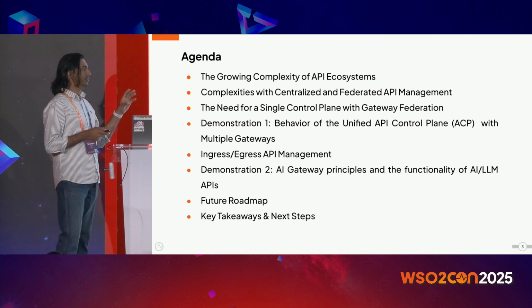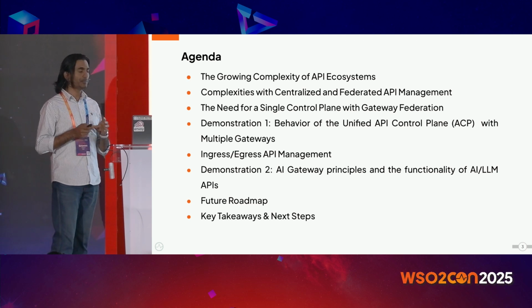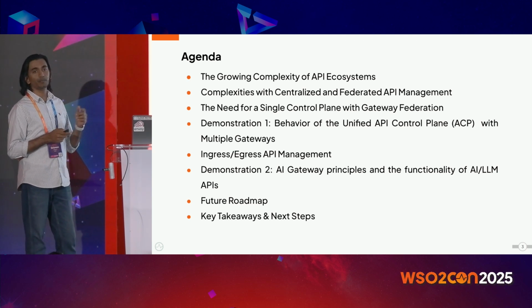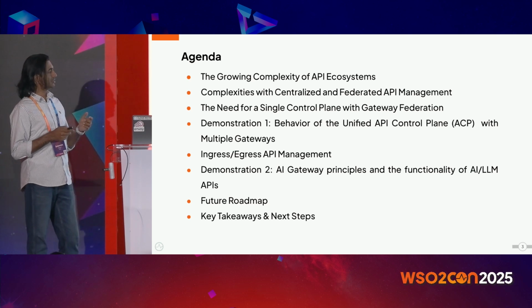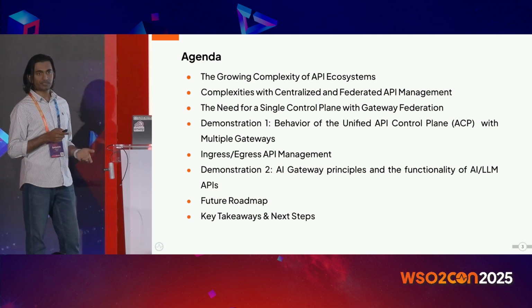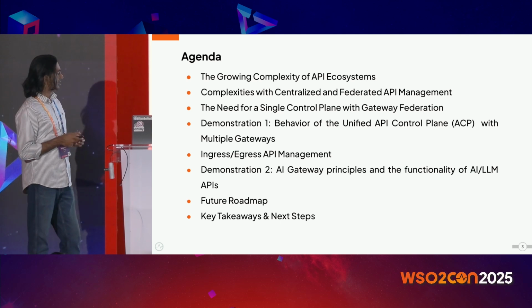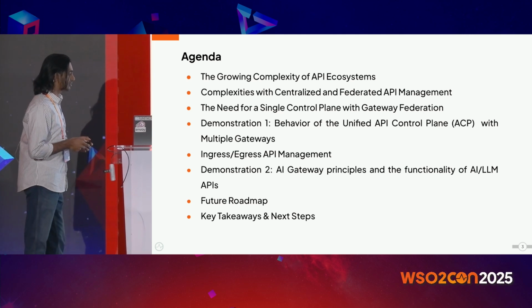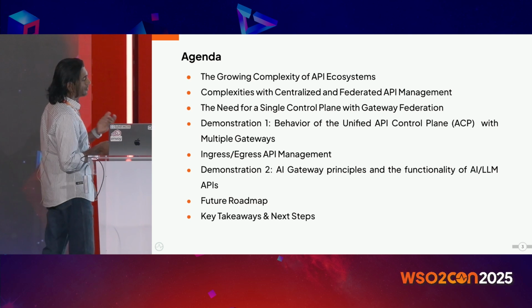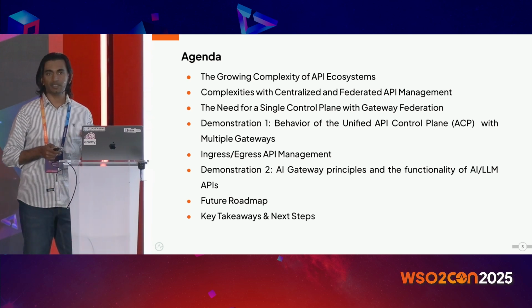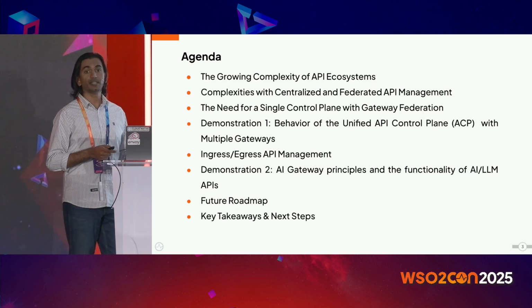Then we will show how you can implement effective Egress API management for your AI APIs with WSO2 API Manager, basically how you can apply different quality of services and token-based rate limits with WSO2 API gateways. Then we will discuss a bit about our roadmap related to these feature areas, and conclude the session with key takeaways and next steps.